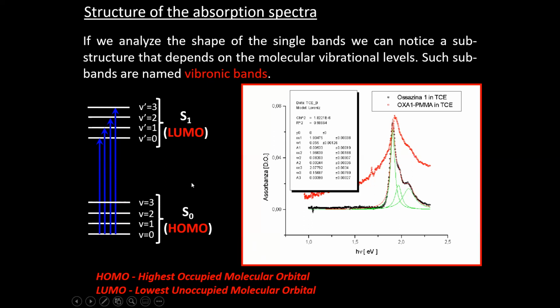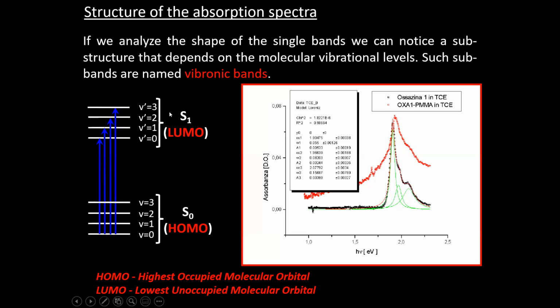Okay? So in chemistry, with molecules, you use this notation. You call the ground state S0, that is a singlet state. That's why I call it S. It's a singlet state, named HOMO, and the first excited state, that is a singlet state, is named LUMO.